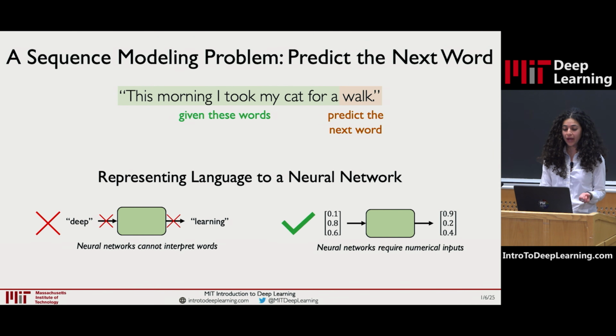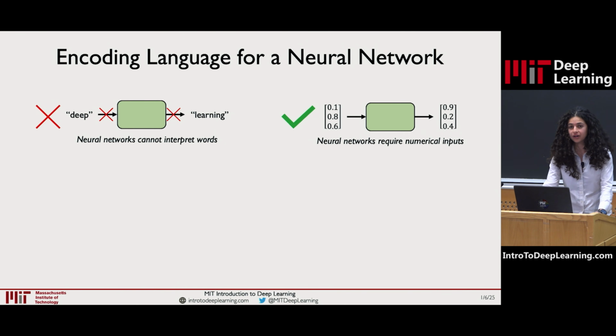We need an actual way to represent these words as numbers in a numerical representation to be able to operate on them using a neural network. And this is this notion of vectorizing the input or encoding the language for a neural network to operate on. And this is really a core concept in language modeling and machine learning modeling in general.